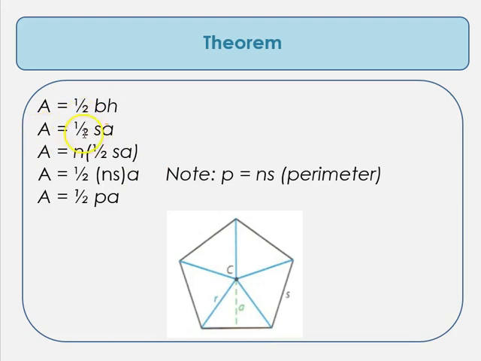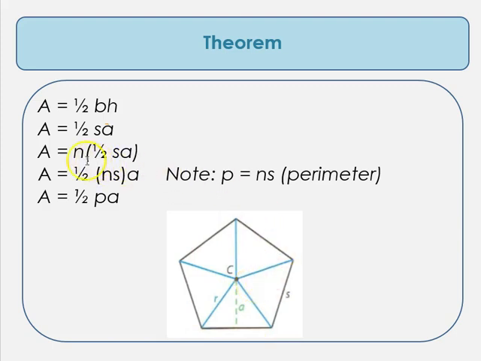We've converted that now to 1/2 SA, which is the same formula. So if I want to solve this isosceles triangle, I can solve it using 1/2 SA. But wait, we have more triangles in this polygon, and we want to solve for the whole polygon.